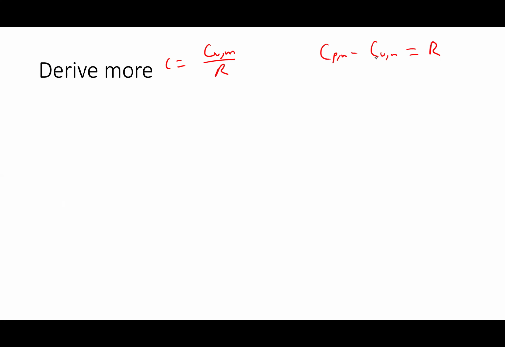But when you divide both of these by n, you get the molar heat capacities. That's just what it is. We saw it as CP minus CV equals nR. Divide both by n, we get the molar heat capacities.